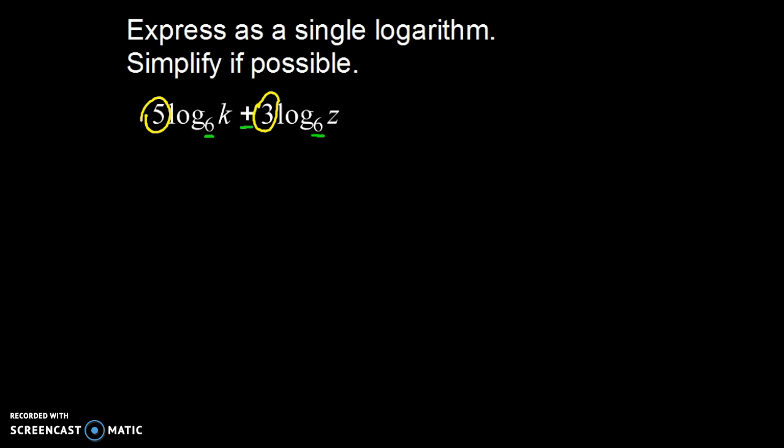However, the power property lets us not have to worry about that. We can move the 5 to be a power of k, and we can move the 3 to be a power of z. So we can rewrite this as log base 6 of k to the 5th plus log base 6 of z to the 3rd.